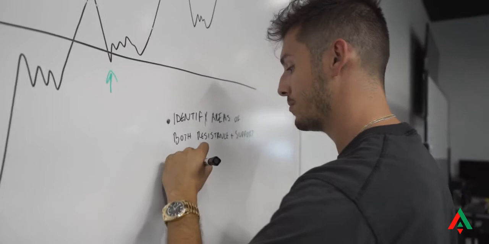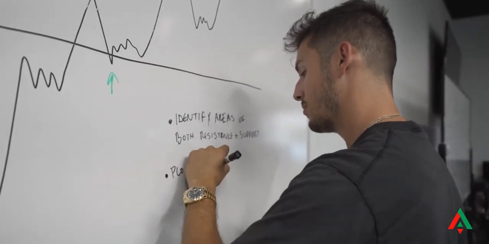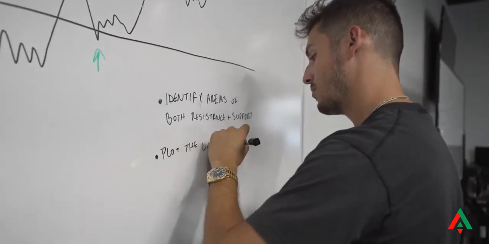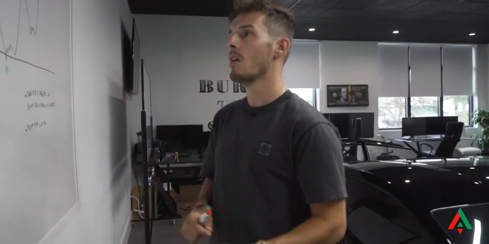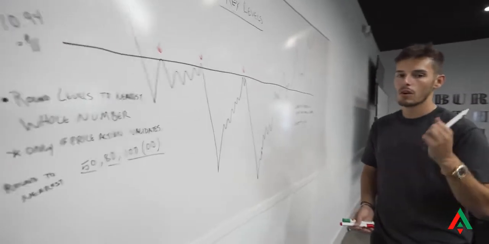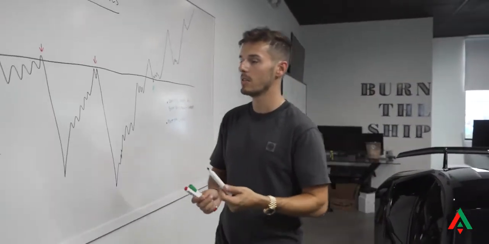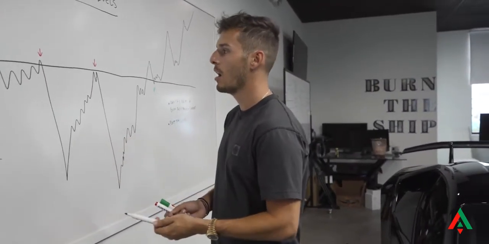Plot the level. But the most important thing is just actually having those market examples of resistance and support to make sure that the level is valid. So now that we've covered everything on the whiteboard, let's go over to the computer and take a look at what it looks like on the screens in the real market. But yeah, this is very, very straightforward stuff, guys.